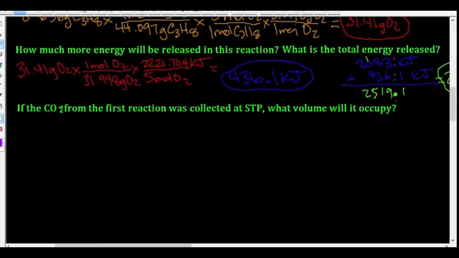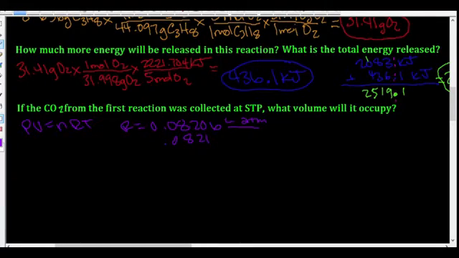So, the last question. If the CO2 from the first reaction was collected at STP, what volume will it occupy? Well, there's two ways you can go about this. You can use PV equals nRT, where your R is equal to 0.08206 or 0.0821, as he likes to do, and that's L atm per mole K for both of these.